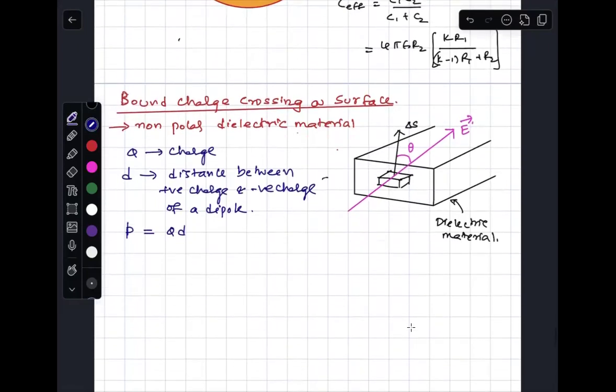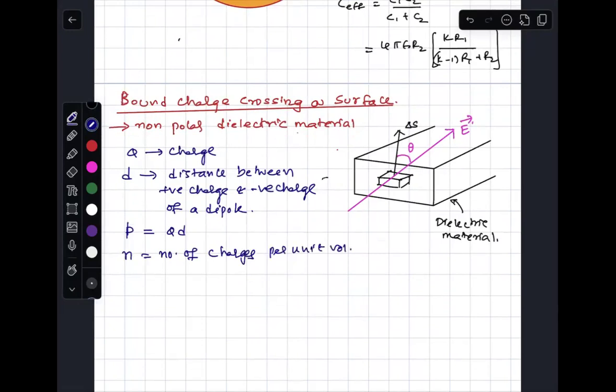I am assuming n is number of, see, be sensitive about this. n refers to number of charges per unit volume.